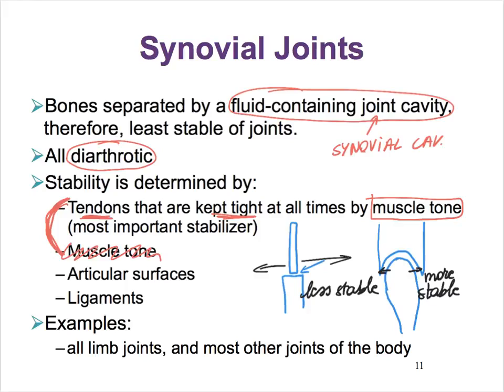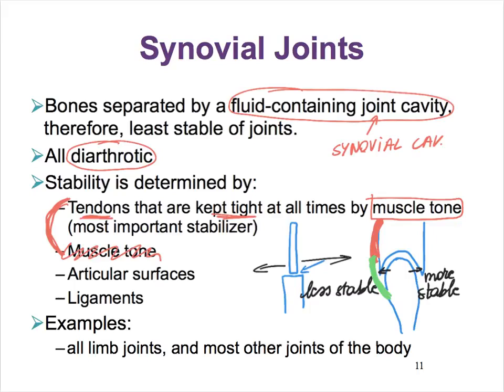So for instance, let's say here's a muscle on our bone, and its tendon, I'll draw it in the green, grabs onto this bone down here. If we have some contraction in this red muscle, it's going to keep this green tendon tight, and once again, that keeps our joint stable.